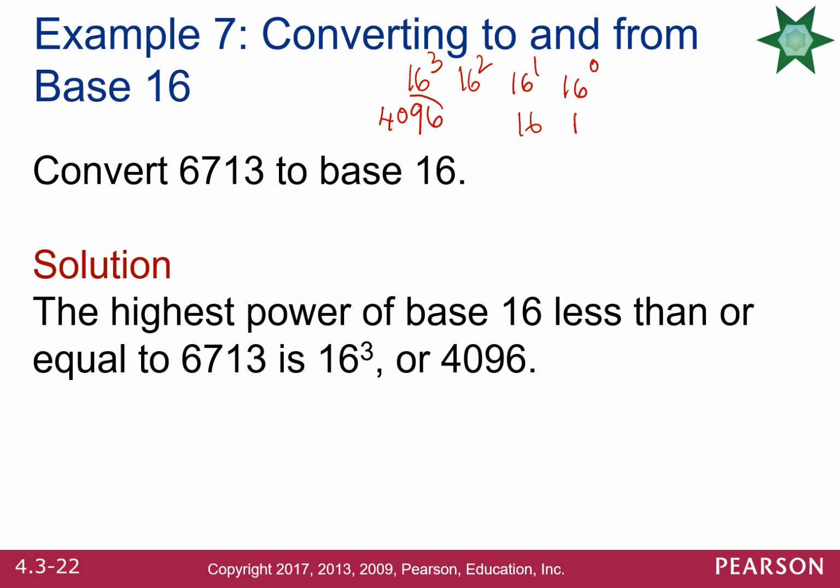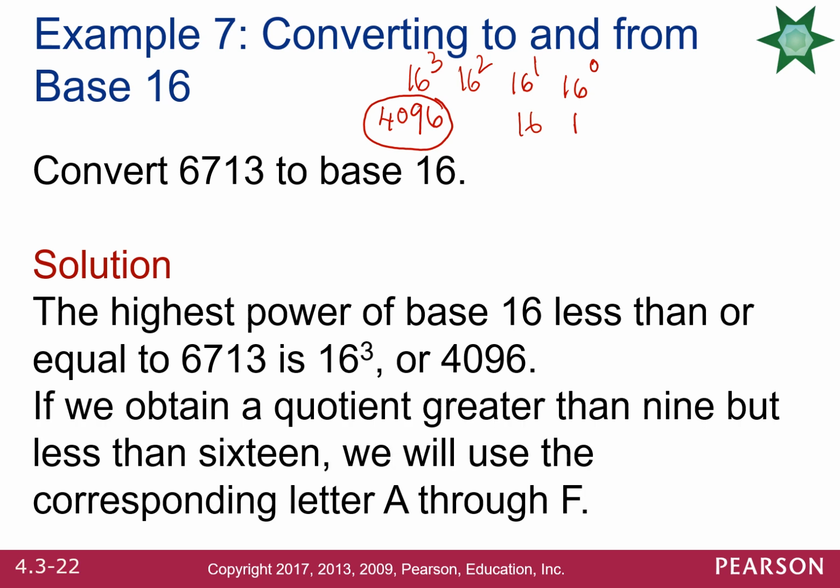So 4096 is what we are going to start the division with. So 6713 divided by 4096, and if we obtain a quotient greater than 9 but less than 16, we will use the corresponding letter A through F. Let's go through the process of division in the next slide.